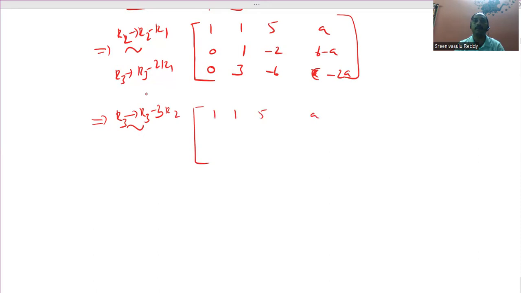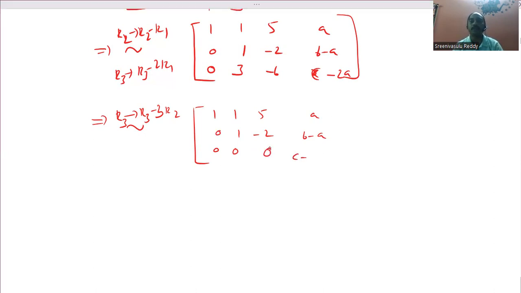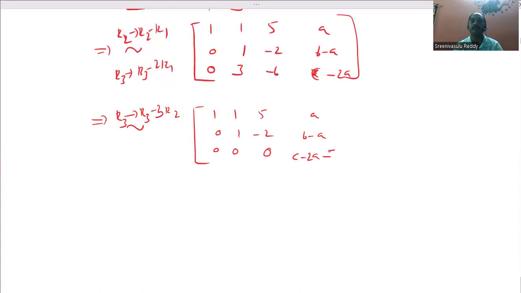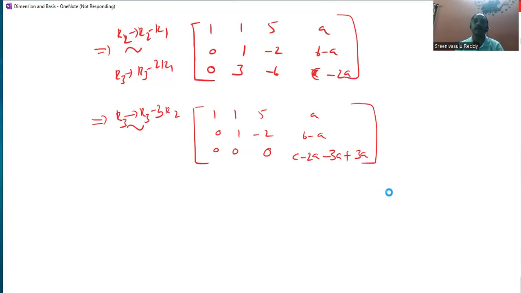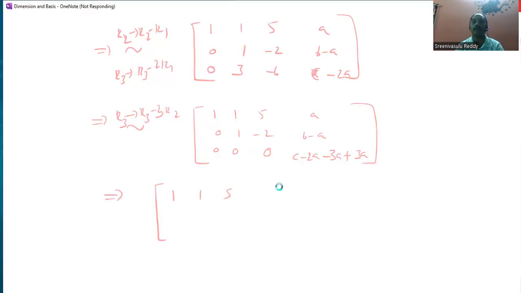The first row is (1, 1, 5 | A), the second is (0, 1, minus 2 | B minus A). Here the third row is (0, 0, minus 6 plus 6 = 0), and this becomes C minus 2A minus 3B plus 3A. Clearly it is in row echelon form. Simplify this expression.